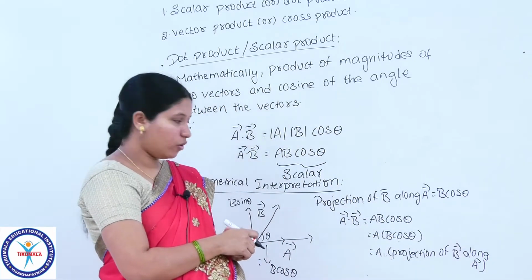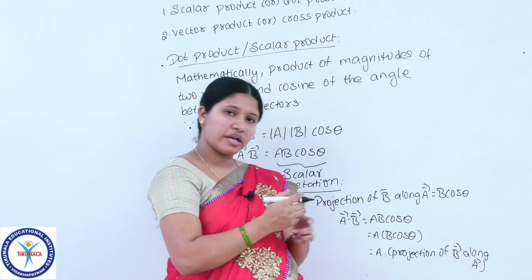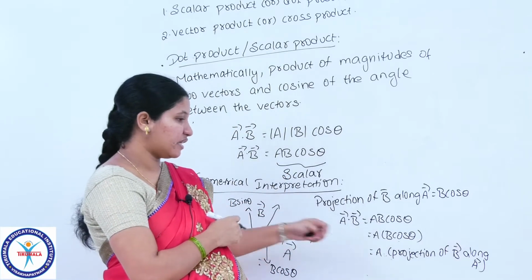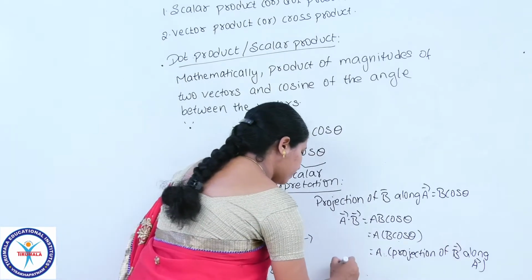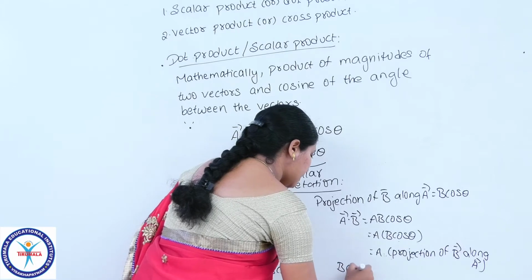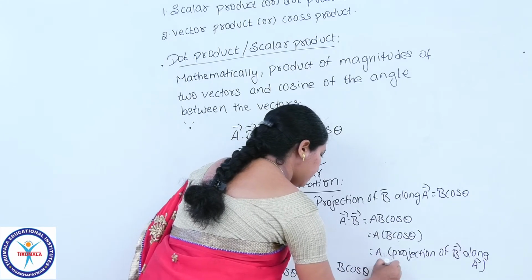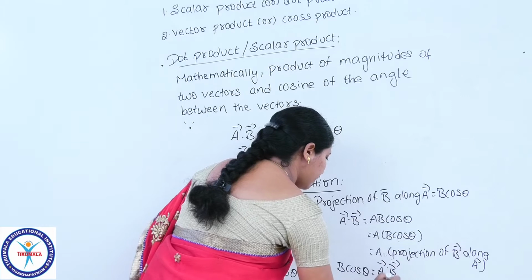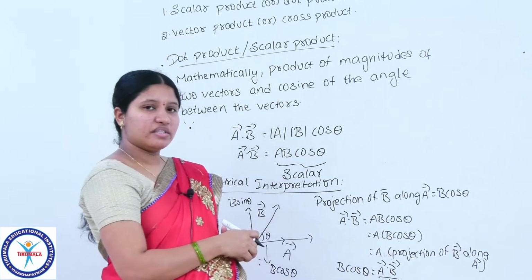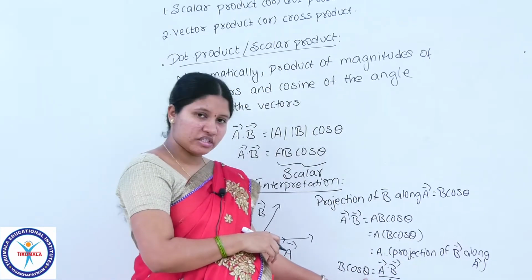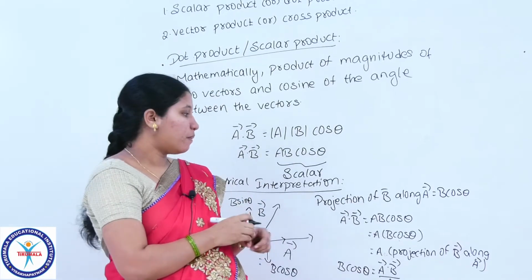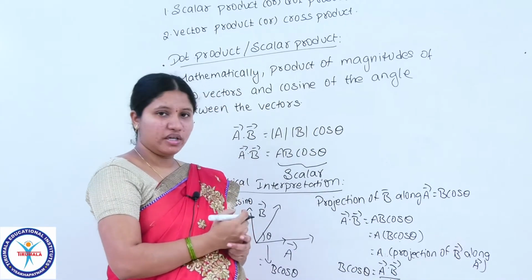So if we want the value of the projection of b bar along a bar, b cos theta is equal to a bar dot b bar by a.